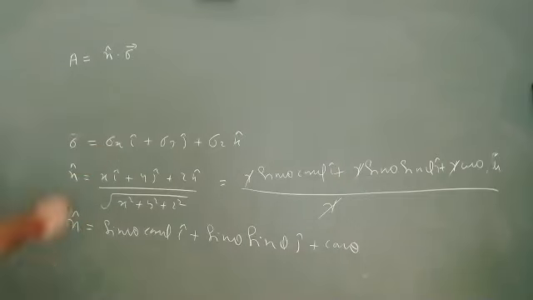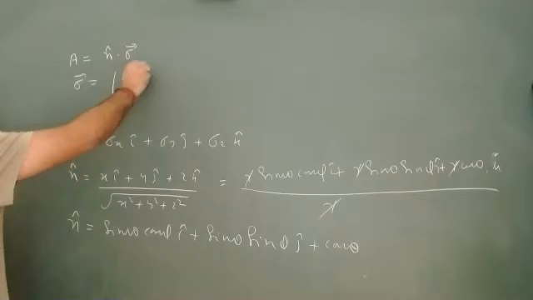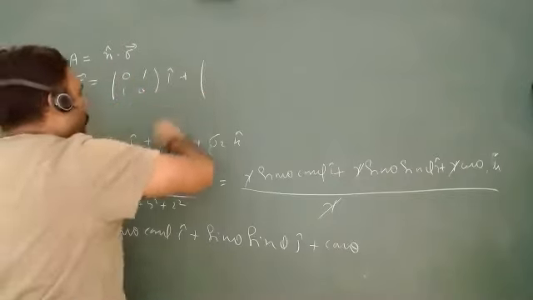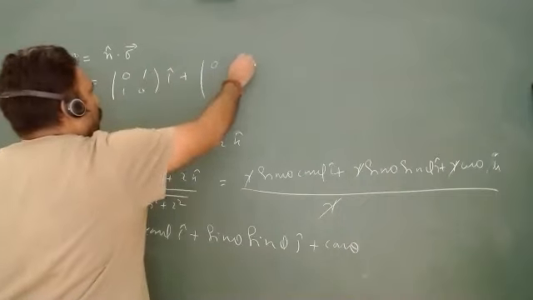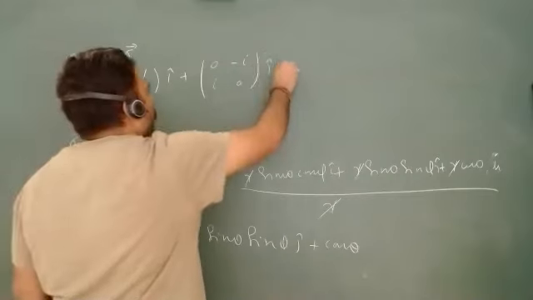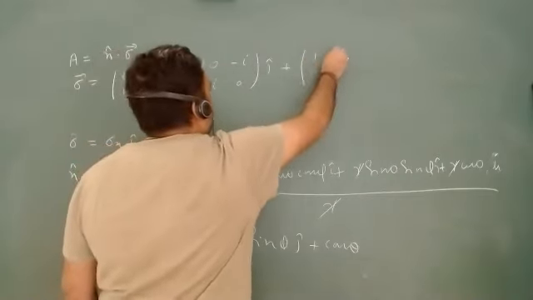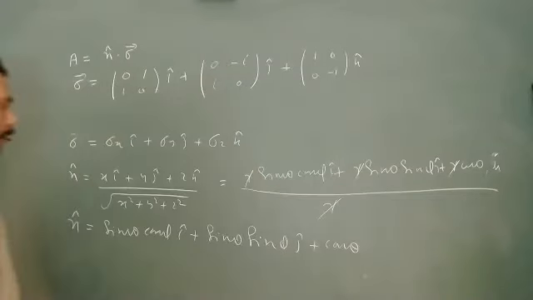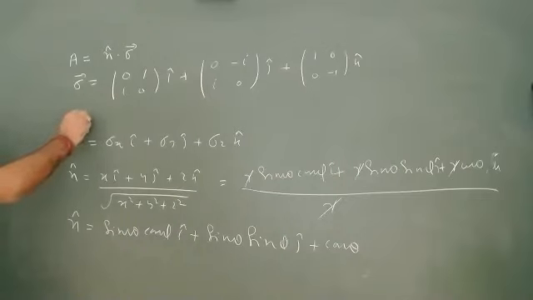I have to write sigma x, which is 0, 1, 1, 0 with i cap, sigma y is 0, minus i, i, 0 with j cap, plus sigma z is 1, 0, 0, minus 1 with k cap. Then we take the dot product, so we will get the matrix A.